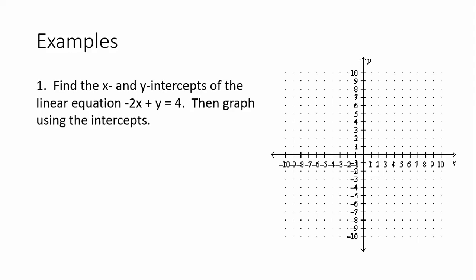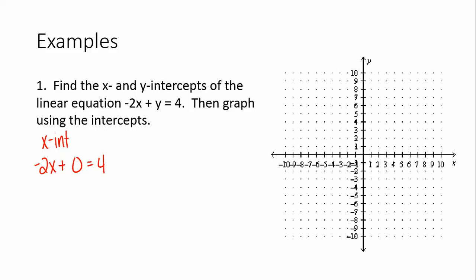So it doesn't matter which one you find first. You can find the x-intercept first or the y-intercept. I'll go ahead and find the x-intercept first. Remember, when we name the x-intercept ordered pair, the y-coordinate of that point was always 0. So in order to find the x-intercept, we are going to plug in a 0 for y.